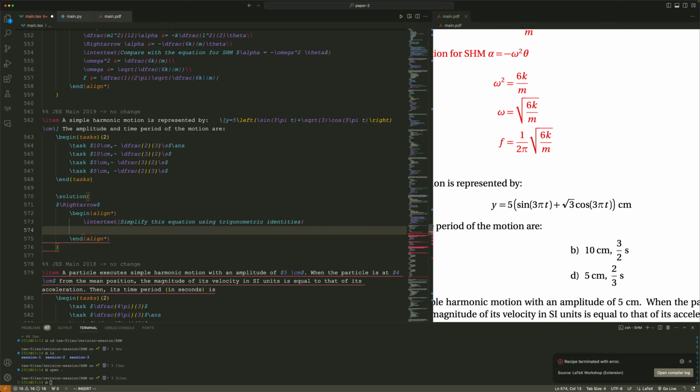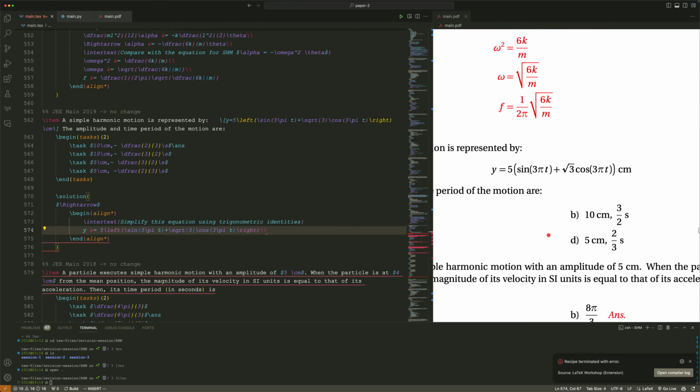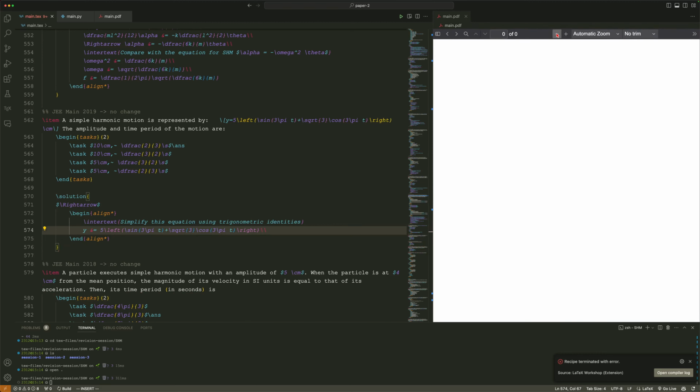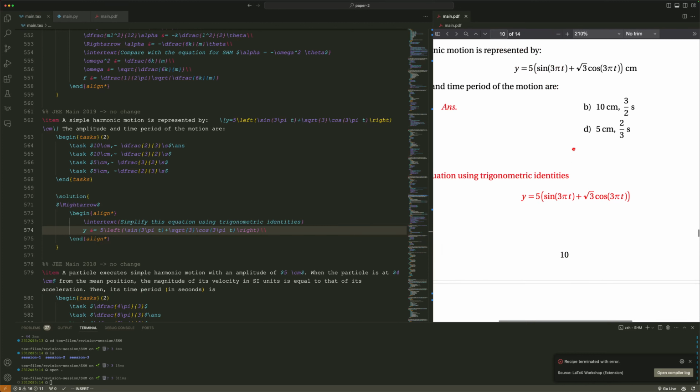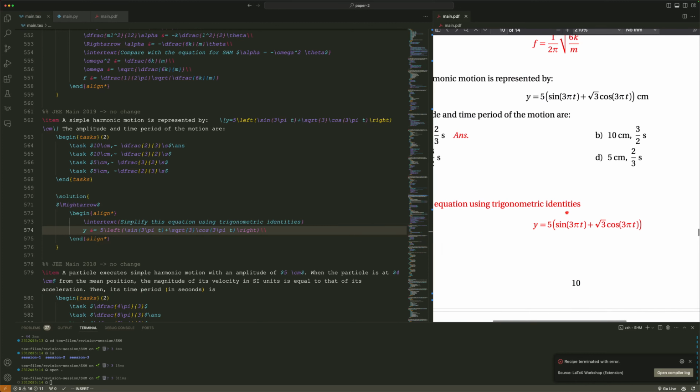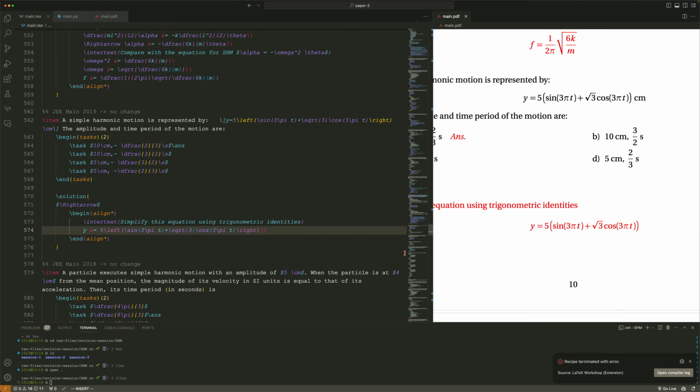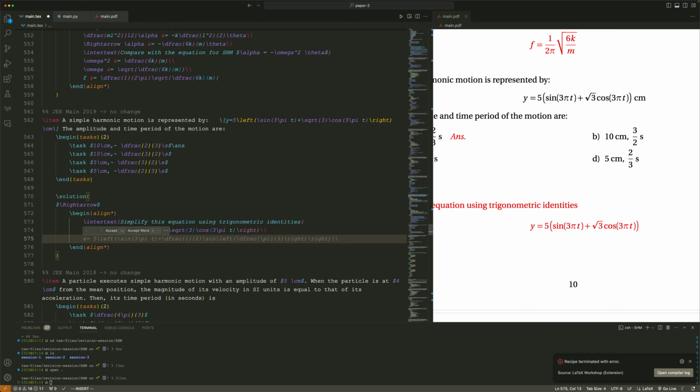Yes, the trigonometric identity is correct. So y is equal to, let's run it first, how it looks. As you can see, it does nothing except put it accordingly.